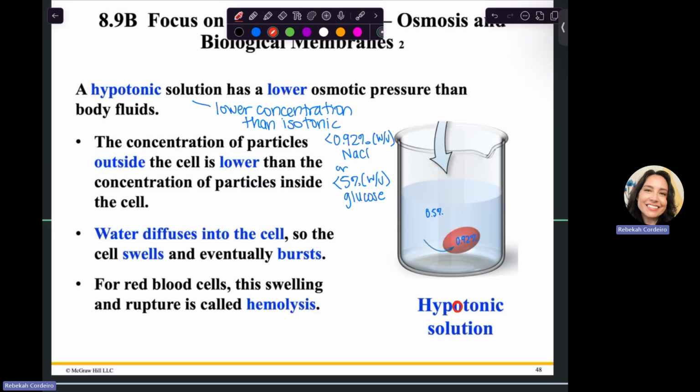So a hypotonic solution would cause hemolysis for our blood cells because water is going to flow into the cell because it's less concentrated outside. There's more water outside the cell than inside the cell, and water is going to flow in there to go where the party is, to go where the more concentrated is. So hypotonic hemolysis is swelling of the blood cell if you're in a hypotonic solution.